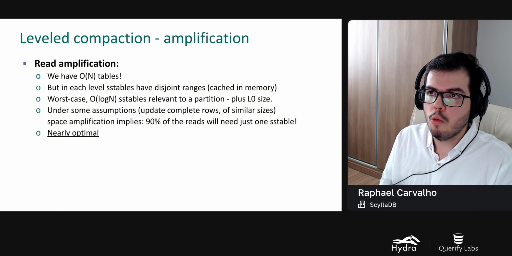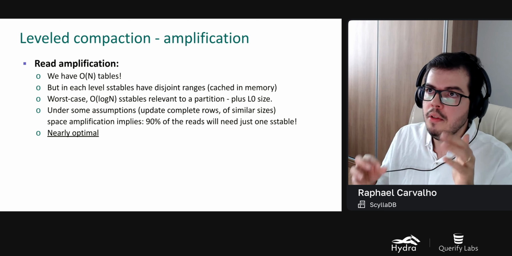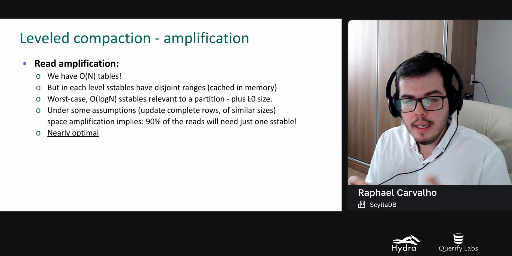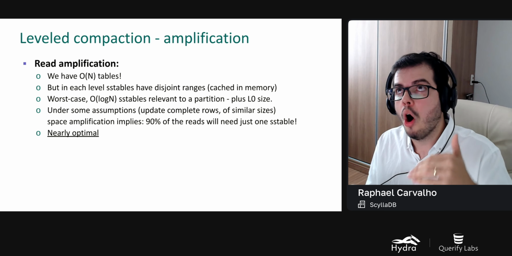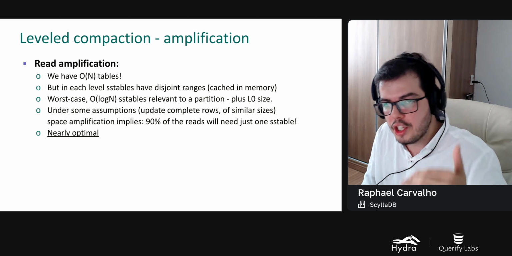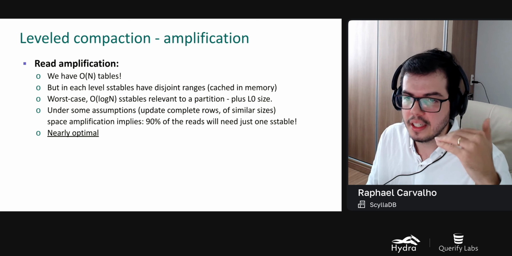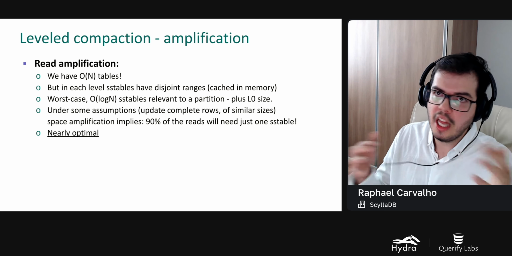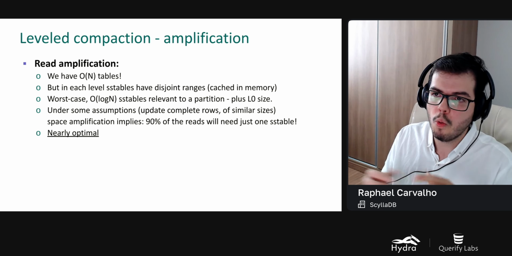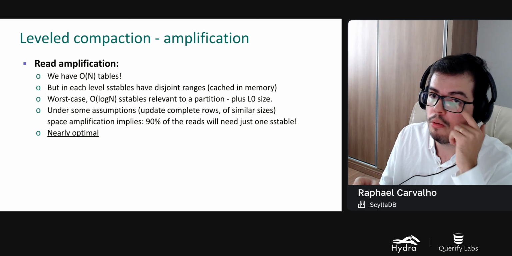So when trying to read a particular key, there could be only one file in each level that has the key, because each level has only disjoint files which do not overlap the key range.